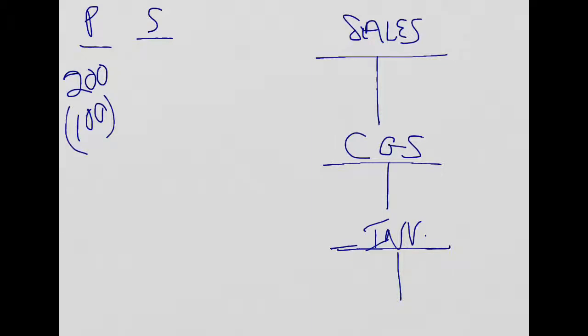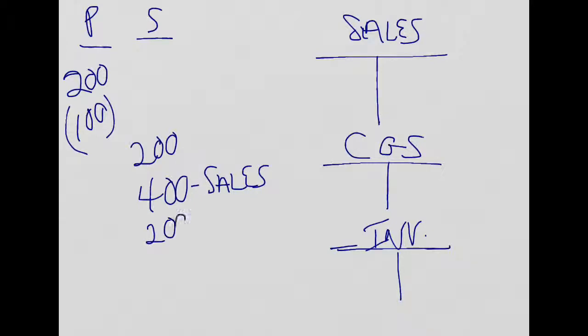This time, the subsidiary will pick them up as a purchase and sell them for 400. So sales on their books is 400, and their cost of goods sold is 200, because that's their purchase here.